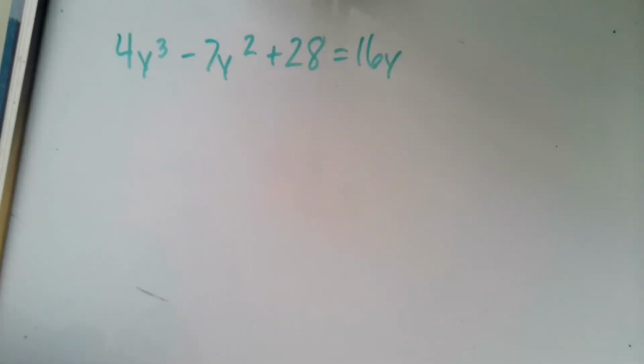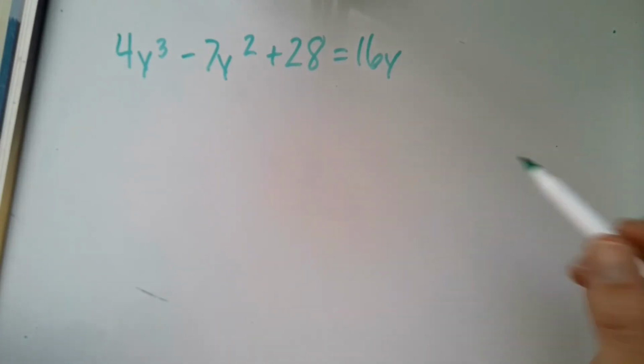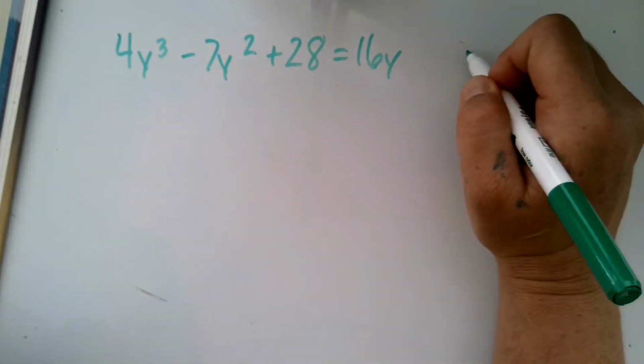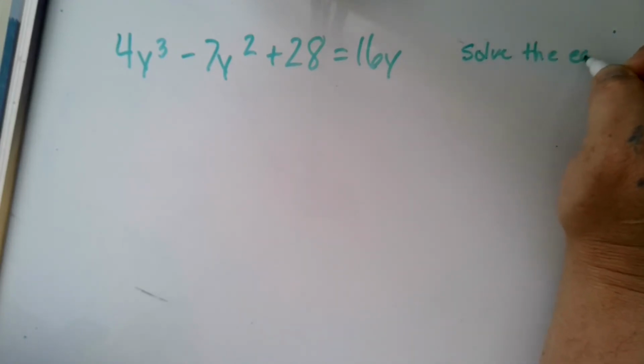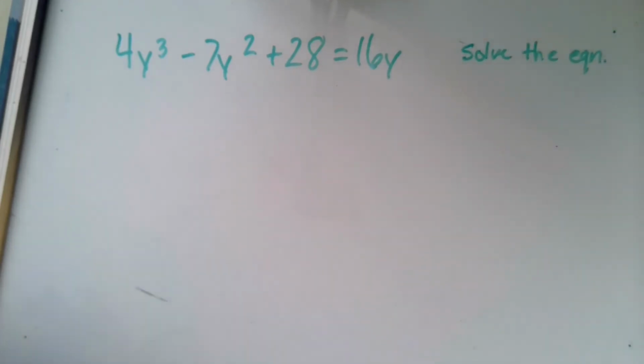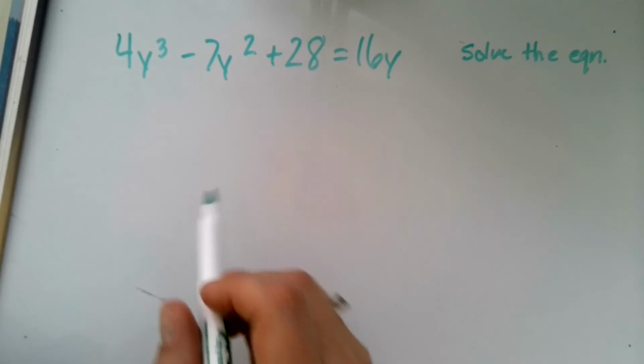Now we're going to look at one that is actually number 28 from the book, and it says solve the equation, which means you're going to need to factor it and then set each part equal to 0 to find out where this is going to cross your x-axis. So let's rewrite this so that we have everything over on one side of the equation.